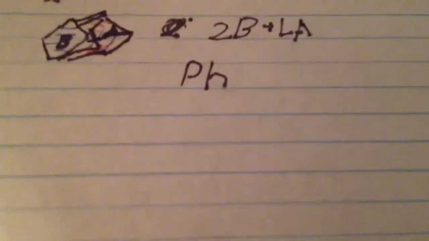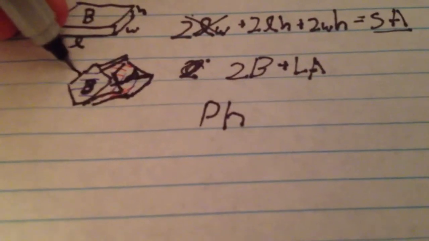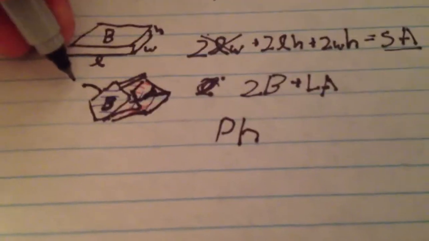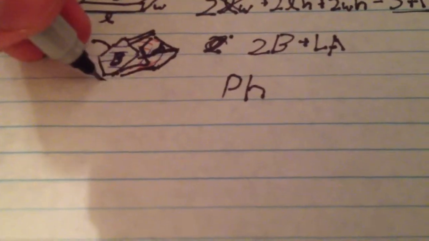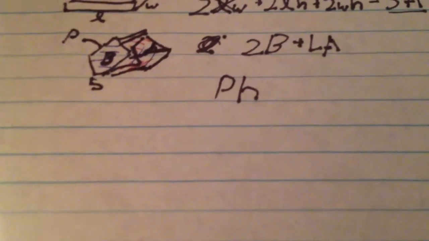To find the lateral area is also pretty simple. It's another equation. Perimeter times the height. Now the perimeter is talking about the perimeter of the base. Okay? Now say it's a pentagonal prism and the side is equal to 5.